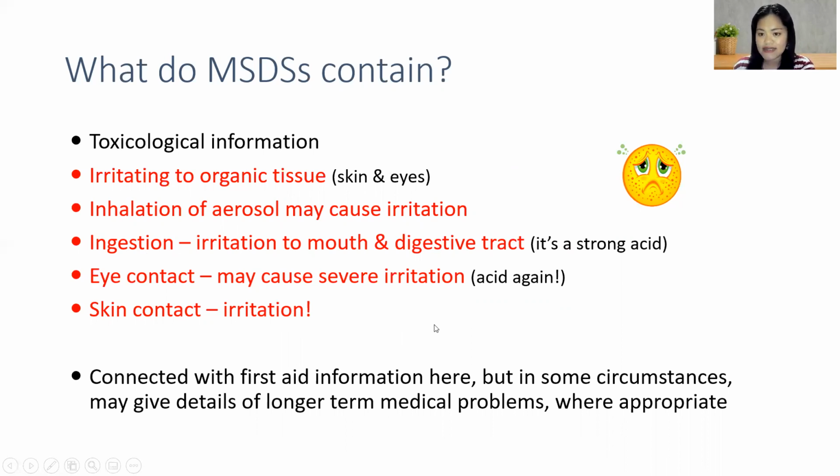It is irritating to organic tissues such as skin and eyes. If there's inhalation, it may cause irritation. If there is ingestion, there'll be irritation to the mouth and digestive tract. Oh my gosh, it's a strong acid. If there's eye contact, it may cause severe irritation, and also irritation with skin contact.